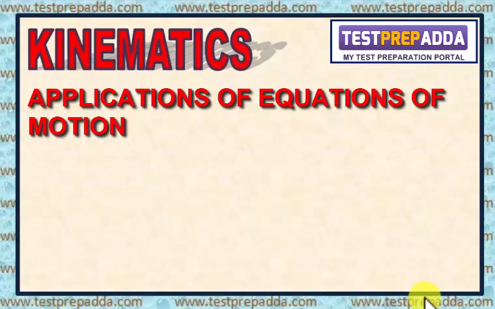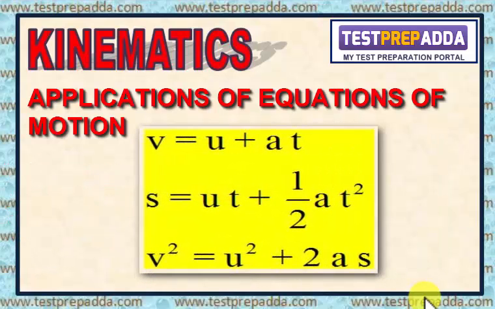Now, if you look at these three equations of motion, which we have derived in previous sessions. Number one, V is equal to U plus AT. S is equal to UT plus half AT square, and the third one, V square is equal to U square plus 2AS.